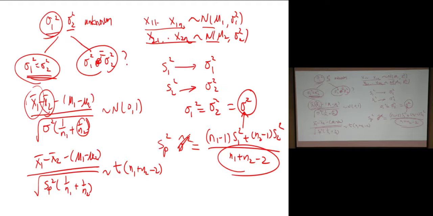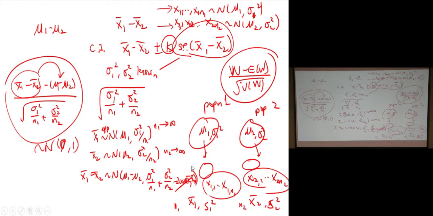So, what happens if this is not true? They are not from a normal distribution, not approximately normal. Then what to do? How to estimate mu1 minus mu2? So we still use this formula, but because we don't have this part, what we can do is go back to this scenario.